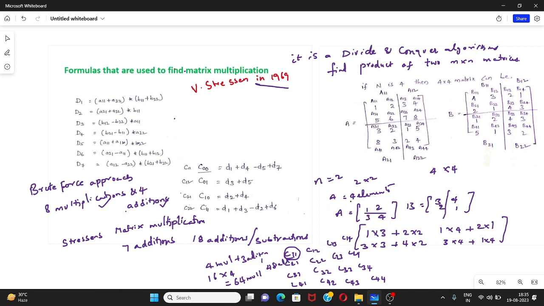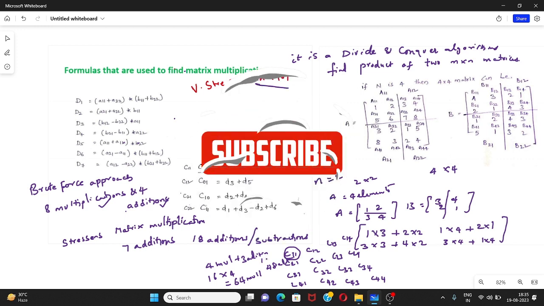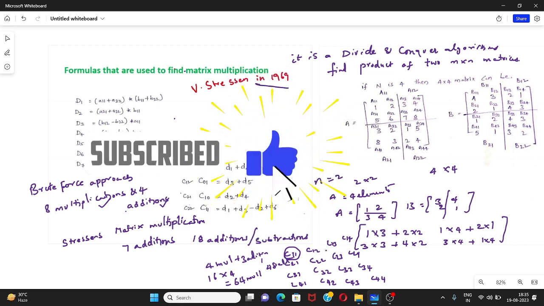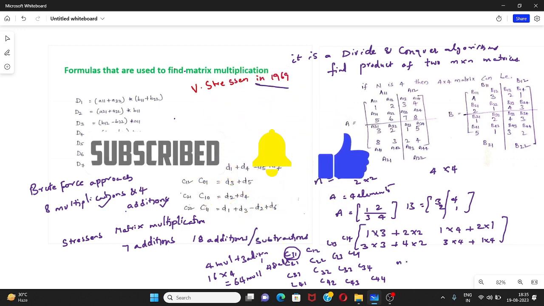Now when the size of n increases, the number of multiplications and additions also increases. How many times is it going to increase? Consider n is 4.